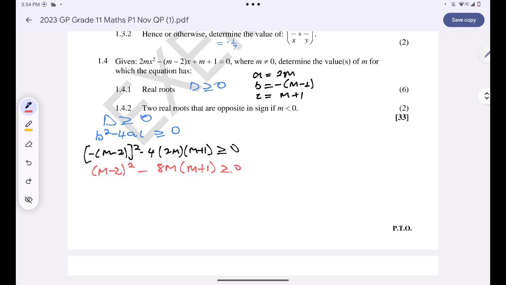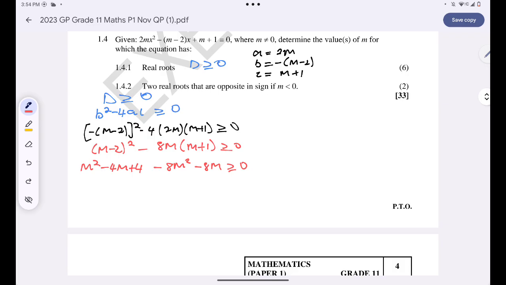Now I need to remove the brackets. I will have m squared minus 4m plus 4 minus 8m squared minus 8m is greater or equal to 0. So m squared and minus 8m squared will give me negative 7m squared. And negative 4m minus 8m will give me negative 12m. I have a 4 there. This is greater or equal to 0.